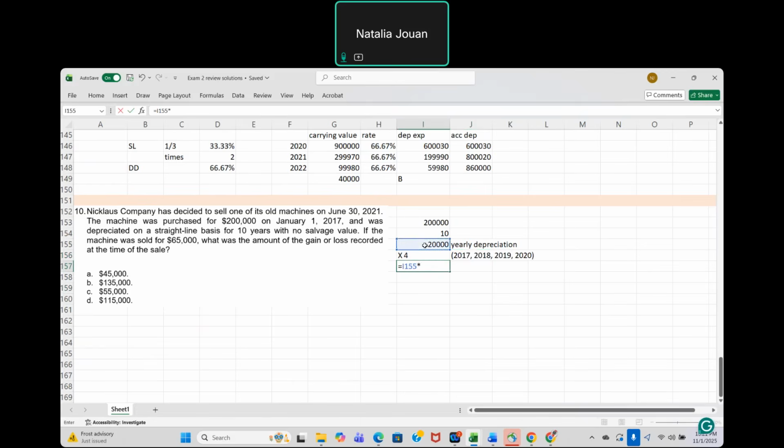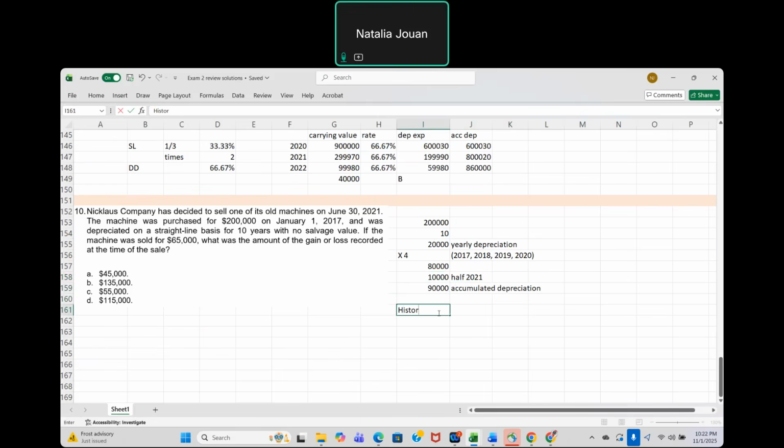So that is 80,000. And we also need to add half of 2021's 20,000. That will be 10,000 more. So total depreciation, we can call this accumulated depreciation, is 90,000. So what is the book value?